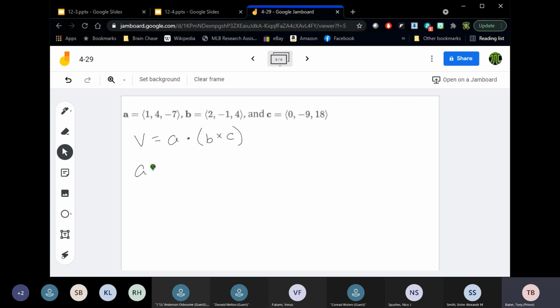So remember, this was A1, A2, A3, B1, B2, B3, and C1, C2, C3. So remember, it's that setup. So we can just do it all at once.